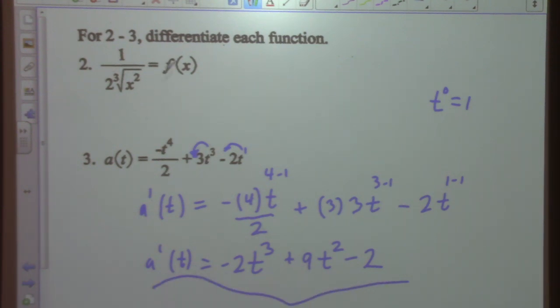So I want you to go look at number 2 to work out the derivative of that. F prime. Probably want to change this to rational form first.